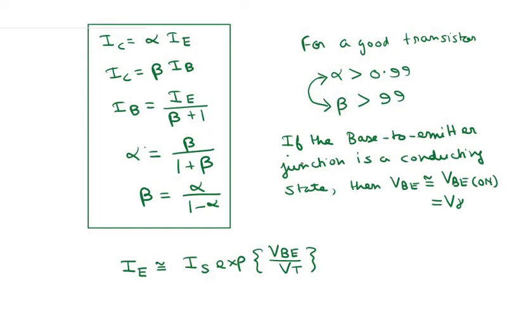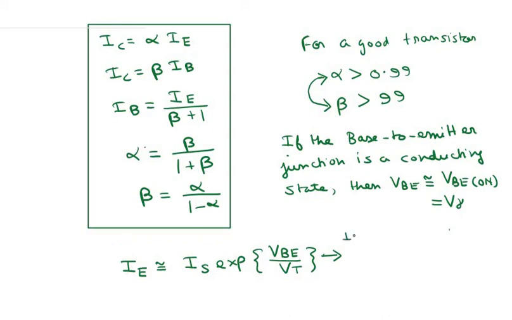Okay, and this equation is valid irrespective of the regime in which the transistor is operating. So let me write it here. If the base to emitter junction is forward biased, then irrespective of whether the collector to base junction is forward biased or reverse biased, this equation that IE is approximately equal to IS exponential VBE by VT is valid.